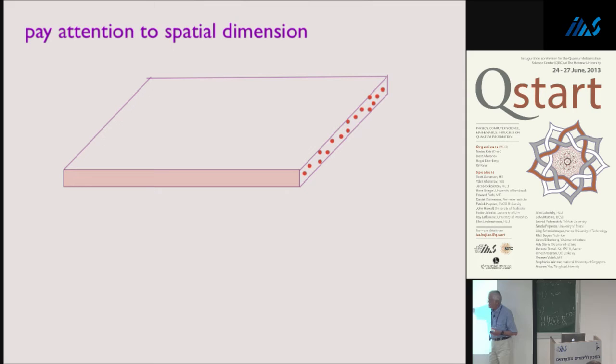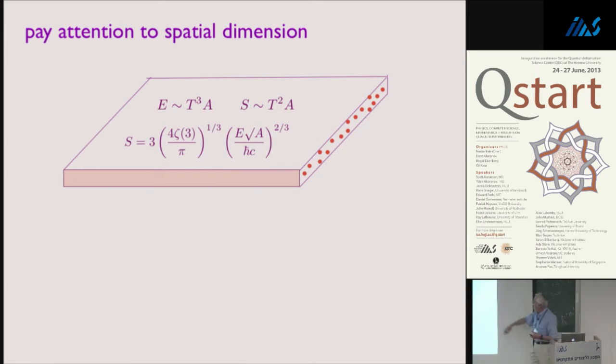So you can calculate the entropy and the energy of the system by using two-dimensional statistical mechanics, and the energy and entropy go like that in terms of the temperature. A is the area of this surface here, and when you eliminate temperature between these two formulas, you get this relation here. It depends on the area, not the volume.